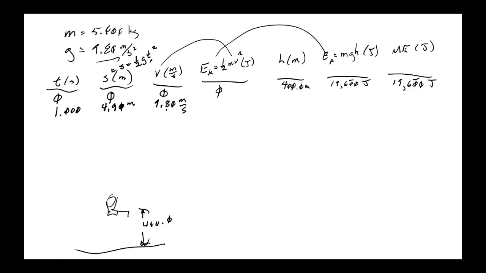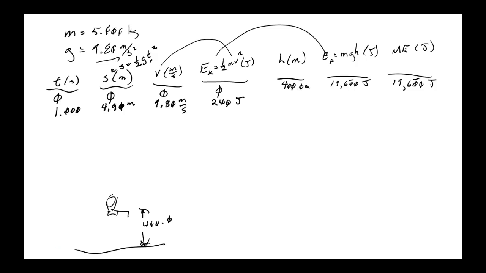So 2.5 times 9.8 squared. Be sure you square that velocity before you multiply by 2.5. Your calculator will take care of it if you do it that way. It's 240.1, so 240 joules. Perfect.